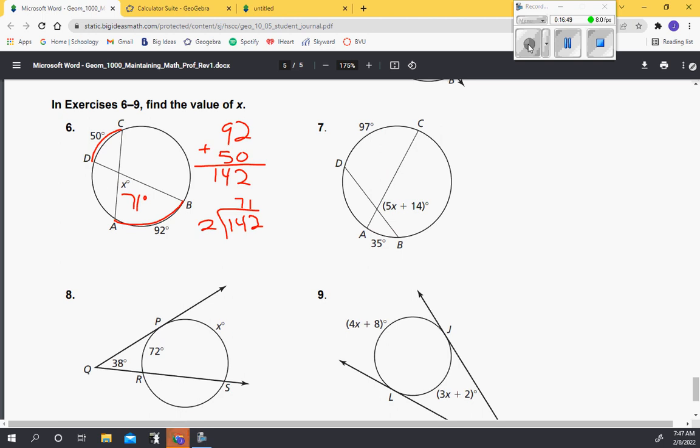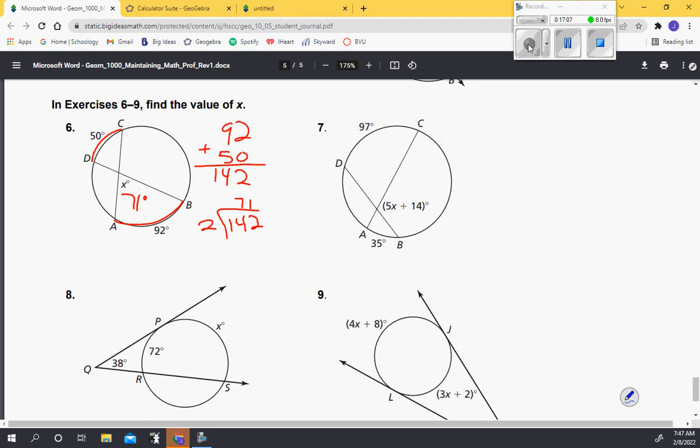Number 7, I went through this before I started this video, and it took me a minute to figure it out. We know we could use the same, or we don't know we could use the same thing.